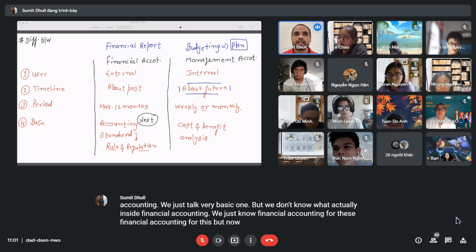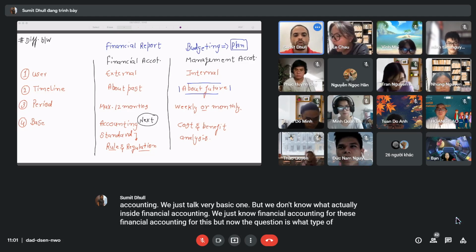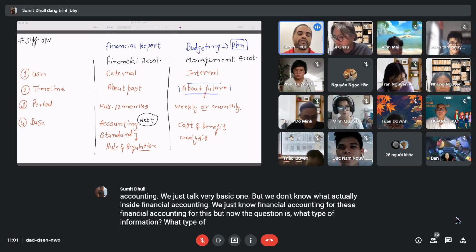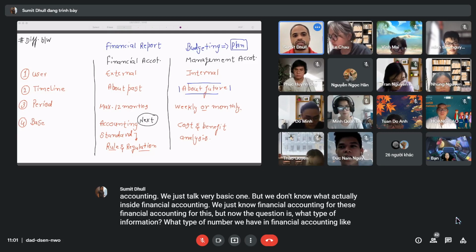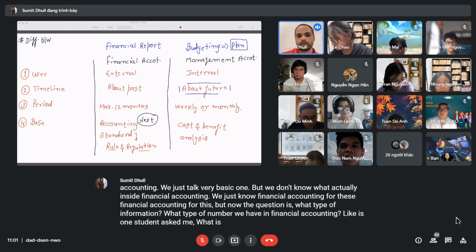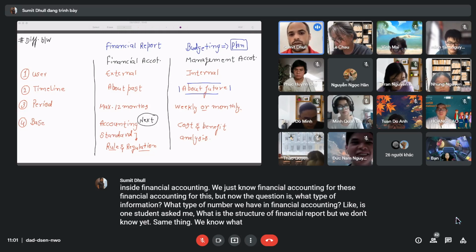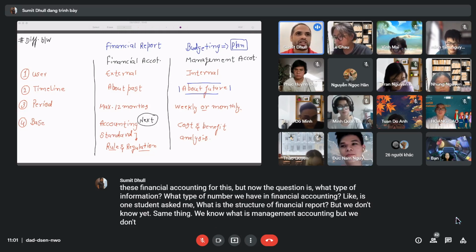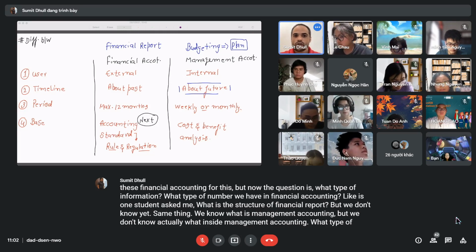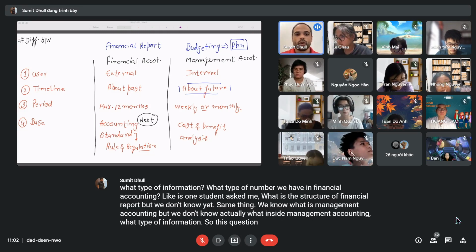Now the question is, what type of information, what type of numbers do we have in financial accounting? Like, as one student asked me, what is the structure of the financial report? We don't know yet. Same thing for management accounting: we don't know what type of information is inside it. So this question, I leave it to you.